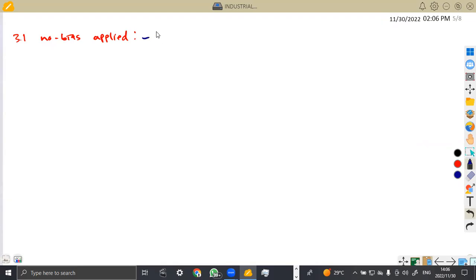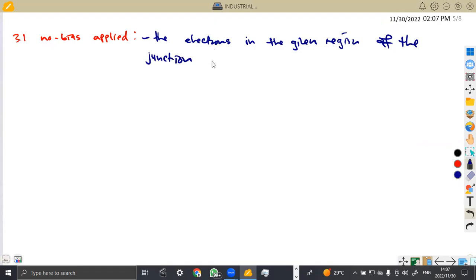The electrons in the given region of the junction will cross the junction, so we are referring to the junction here.